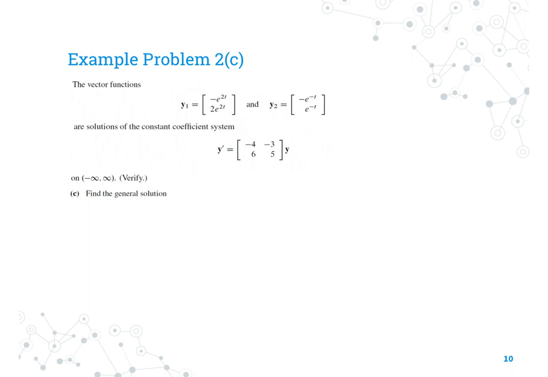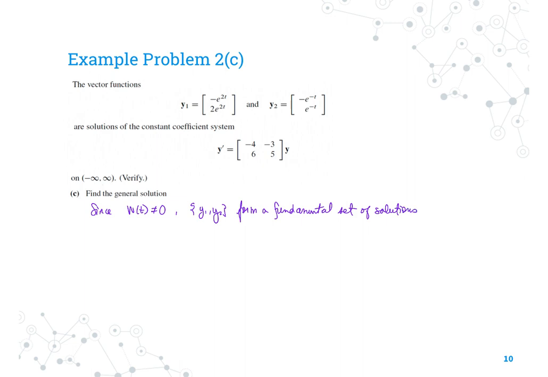For part C, we were asked to find the general solution. Since the Wronskian is not equal to 0, we know that y1 and y2 form a fundamental set of solutions. Sound familiar?